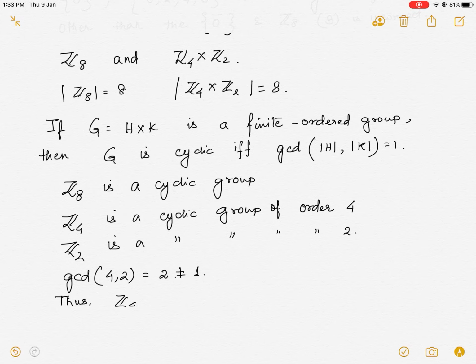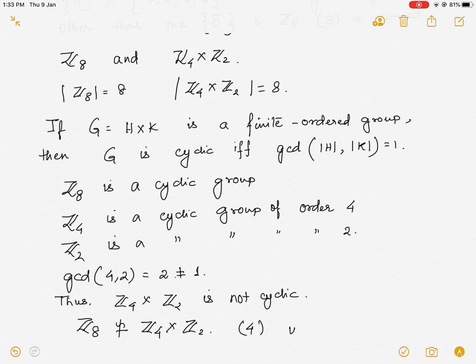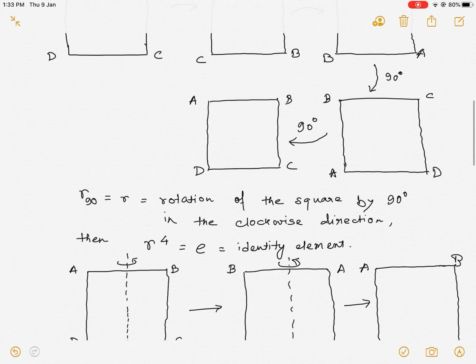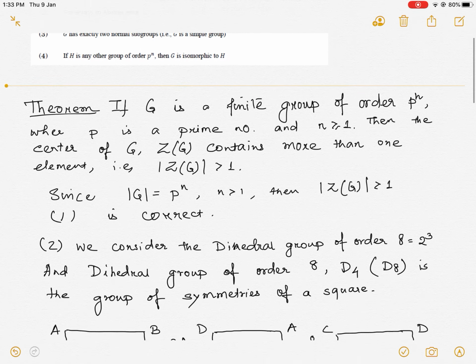Thus Z4 cross Z2 is not cyclic. Hence Z8 is not isomorphic to Z4 cross Z2. Thus option 4 is also incorrect. Option 1 is the only correct option for this question.